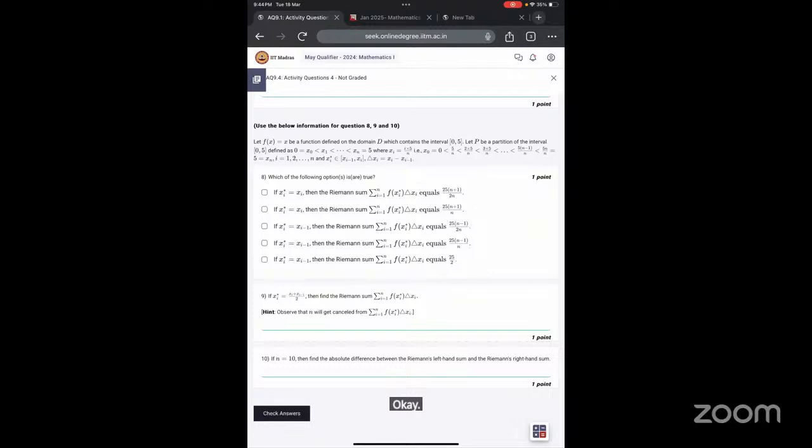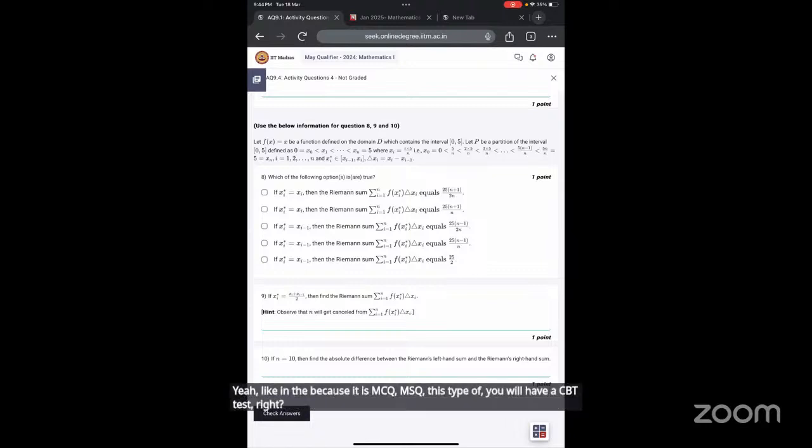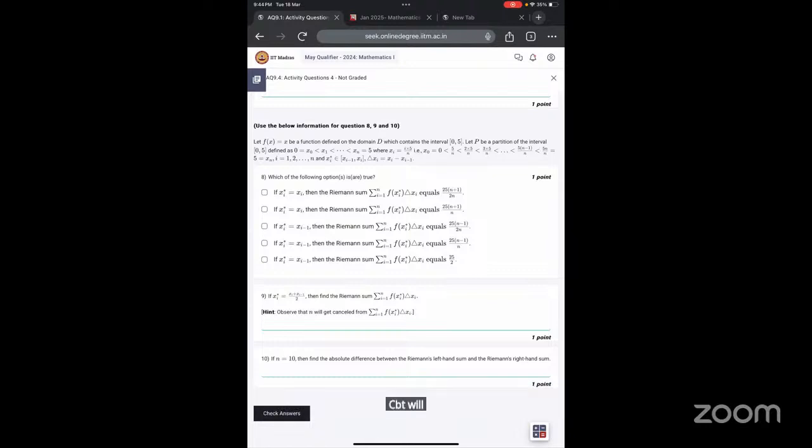Because it is MCQ, MSQ, this type of, you will have a CBT test, right? CBT will be there? What is CBT? Computer based test. Yes, we have. So you don't have to write something. That means you don't need to calculate the Riemann sum.